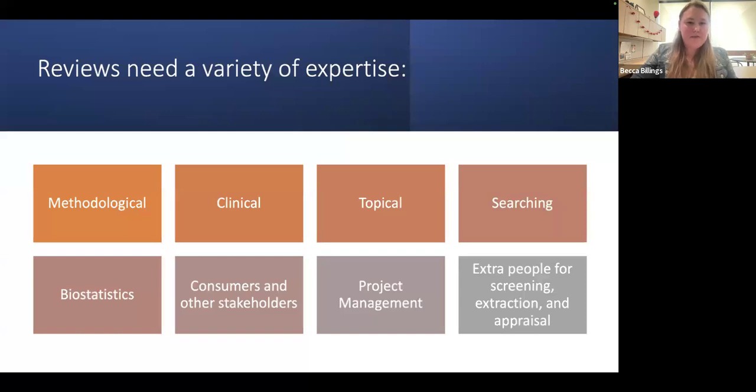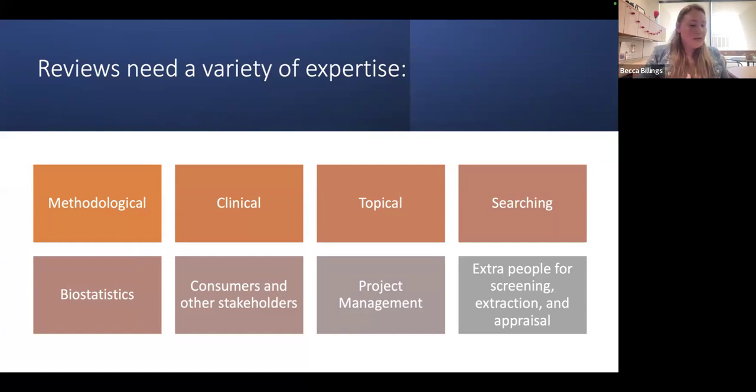And as far as the variety of expertise, whenever you're looking at those higher level reviews, like I think it would start more like systematic reviews, rapids, umbrella, and metas, you're going to, again, want people who have a variety of expertise. So methodological expertise, clinical or topical expertise, searching the landscape of the evidence. That's where the librarians come in.